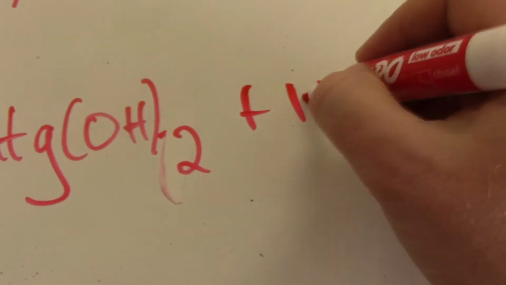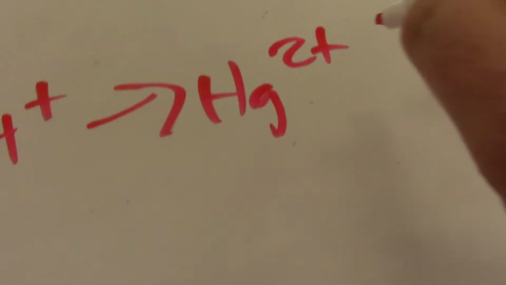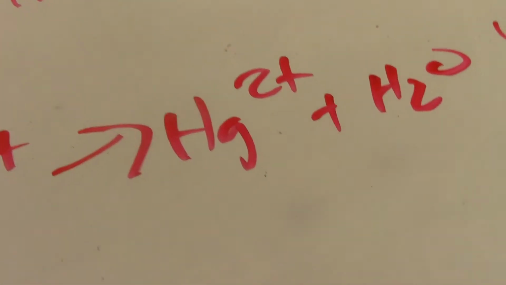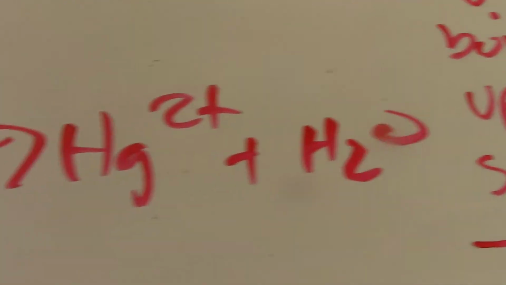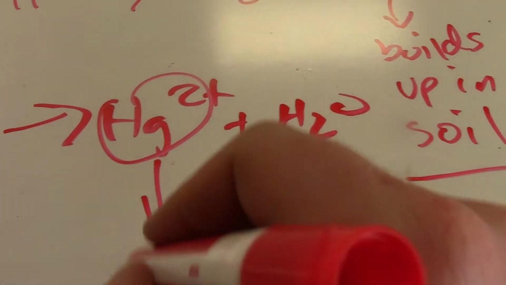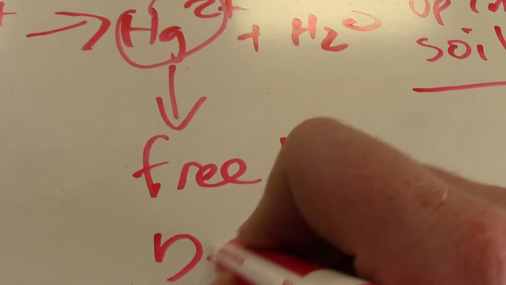Because mercury has a charge of 2 plus, and OH is a charge of 1 negative, right? So with the H plus, what happens is this Hg2 plus gets liberated, and the hydrogen bonds with the OH and makes H2O. Okay, and then this is free to be absorbed.